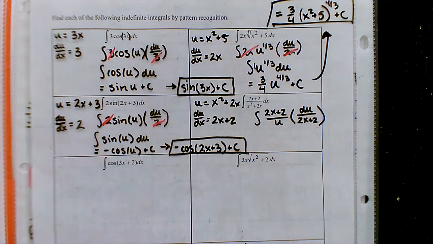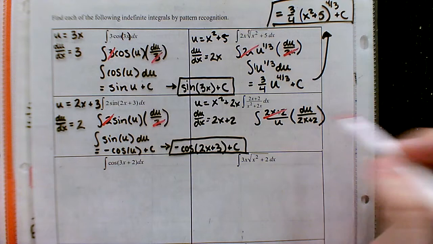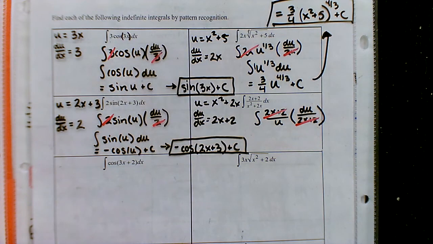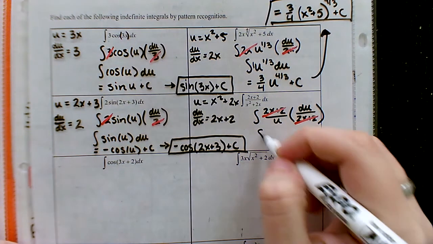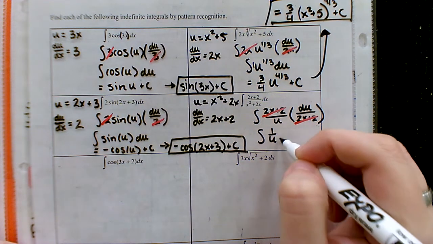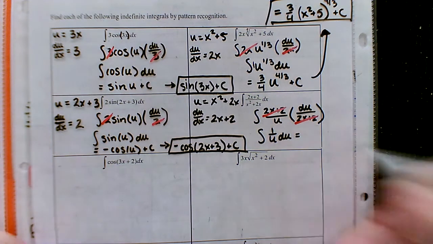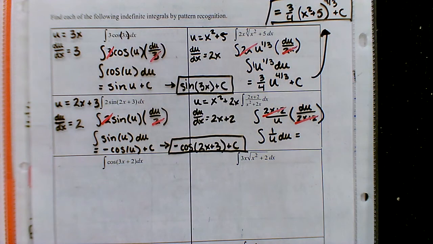Do the x's go away? Notice how 2x plus 2 up top is going to cancel out with 2x plus 2 on the bottom. So we've got to work backwards from 1 over u. What is the antiderivative of 1 over u?